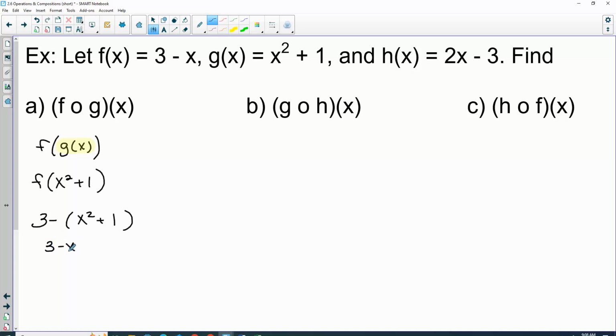So we can distribute the negative, combine like terms, 3 minus 1 is 2. 2 minus x squared. Still have an x in our final answer.